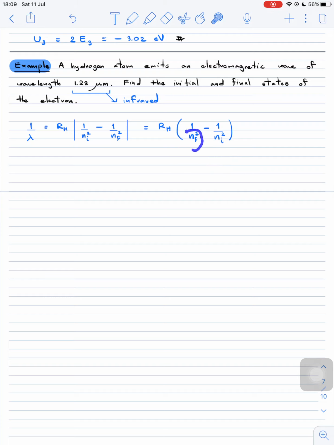So if Nf equals 3, what is Ni? If Nf equals 4, what is Ni, and so on. Then we can rearrange the equation.